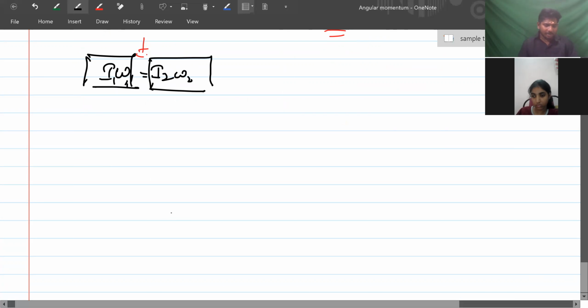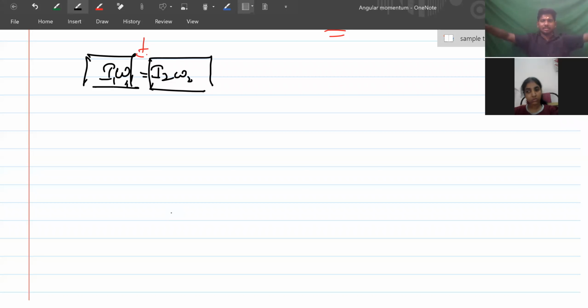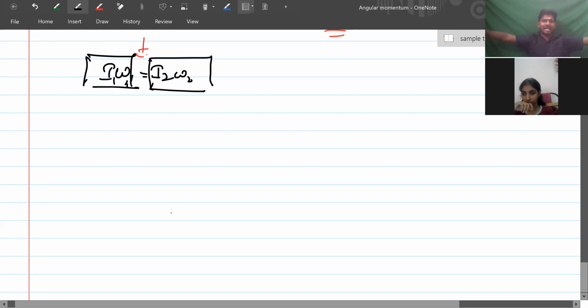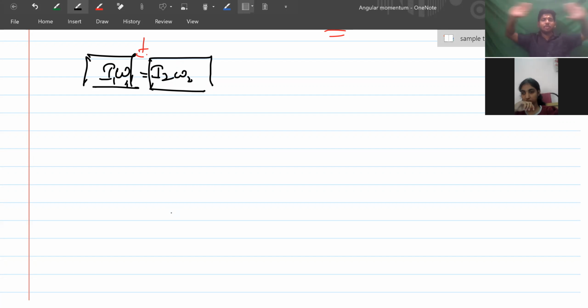That is why we can see some examples. Ice dancers will change the position of their hands relative to the axis. Because the net torque on them is zero, their angular velocity can be increased or decreased just by themselves. Suppose they stretch their hands, their moment of inertia is increasing because the mass distribution distance is increasing.